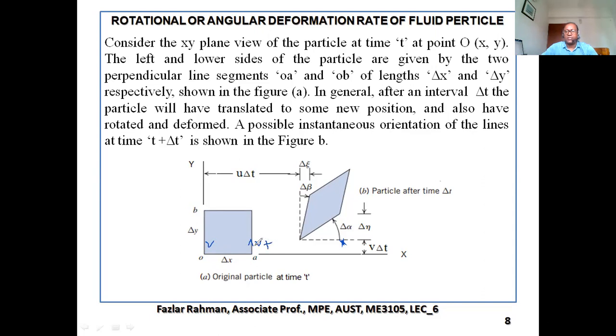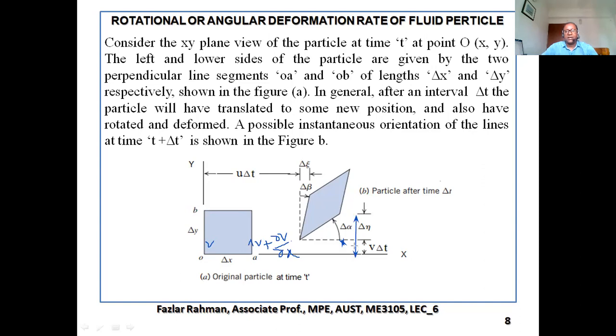It will be v, and using Taylor series, v changes along the x direction: dv by dx into h, where h is delta x. You put delta x over here, and multiply this velocity by the time, and you get this much distance from here to here.